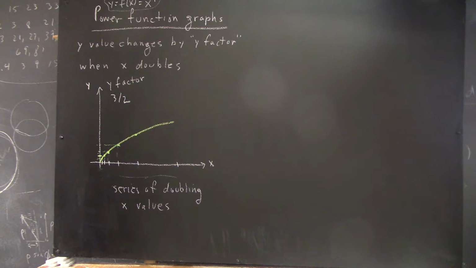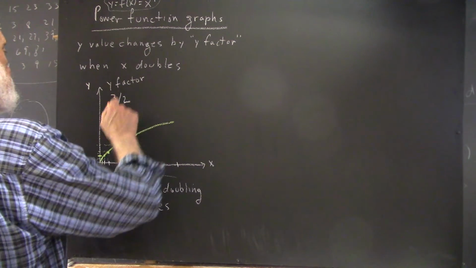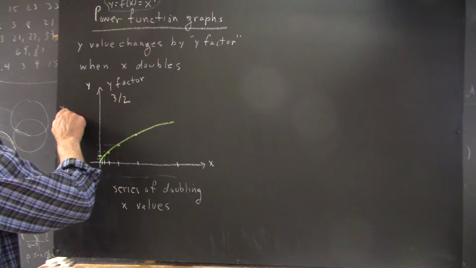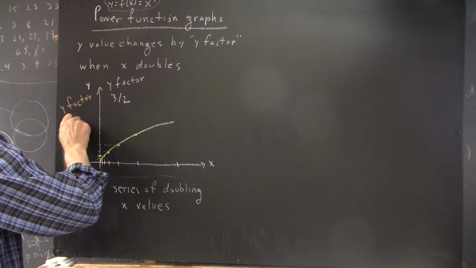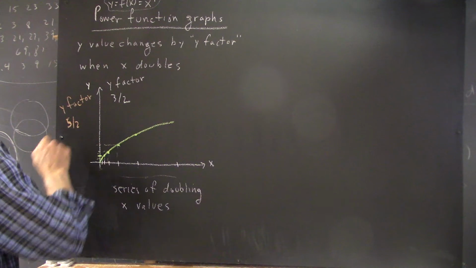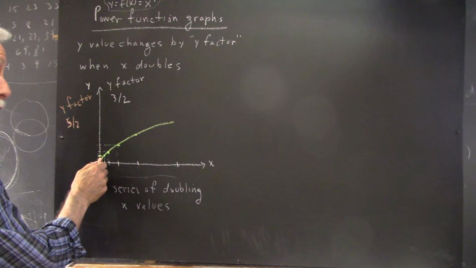Now, what if we wanted to do a bigger y factor? Now, what if we wanted our y factor to be, let's say, 5/2? Well, I can start with the same point here.